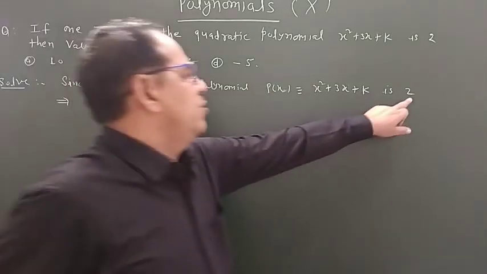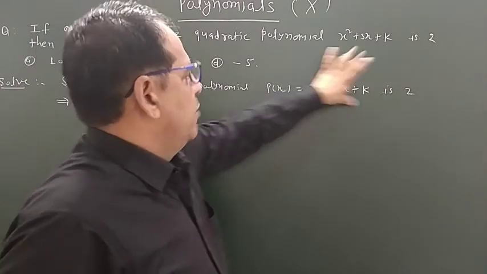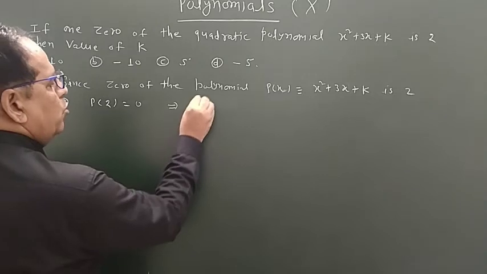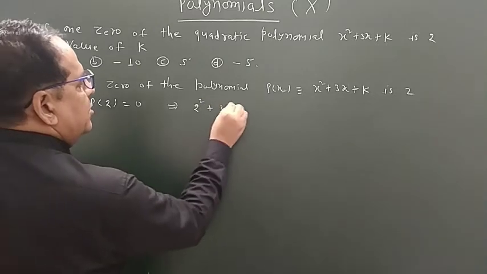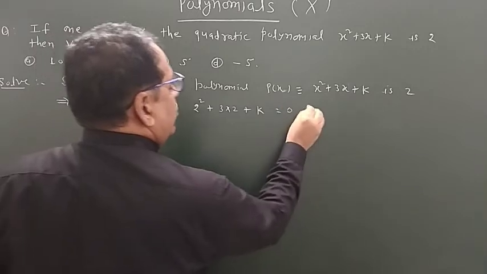If 2 is the zero, that means if we put x equal to 2, this polynomial becomes 0. So now we have 2 square plus 3 into 2 plus k equal to 0.